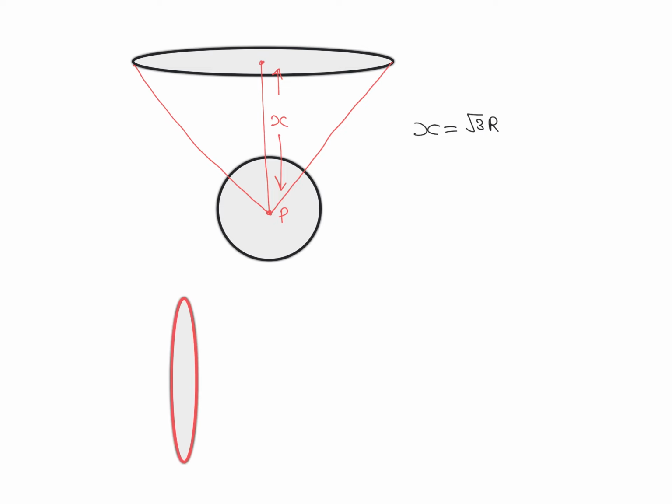So you might be remembering that the gravitational field at a distance x from the center of a ring is equal to GM x divided by (r square plus x square) raised to 3 by 2.